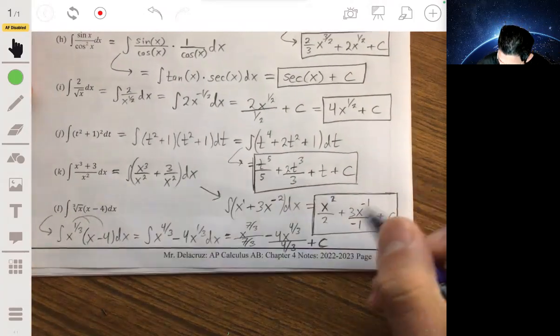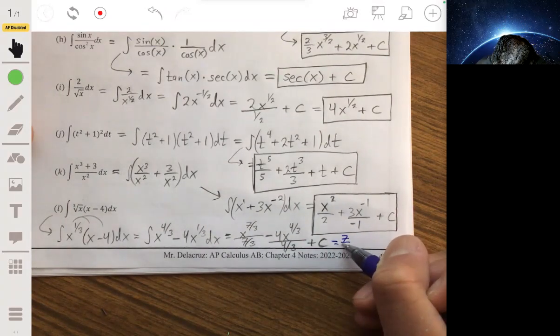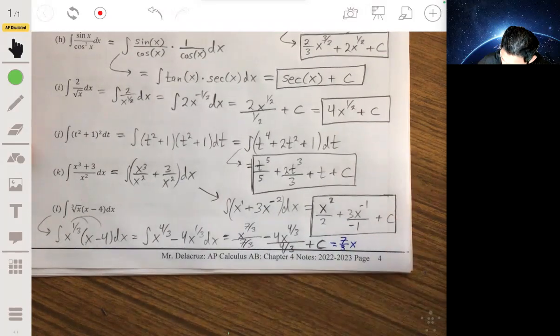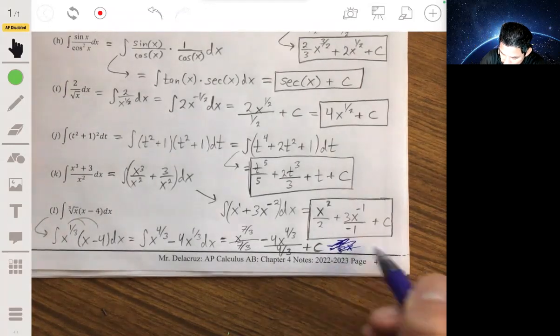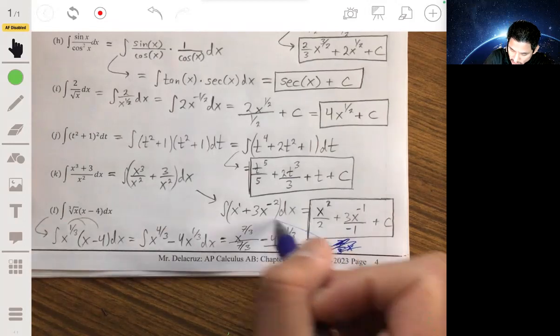And let me see, I'll try to squeeze this in here. Simplifying, I have to cross this out. I'm going to put this answer over here.